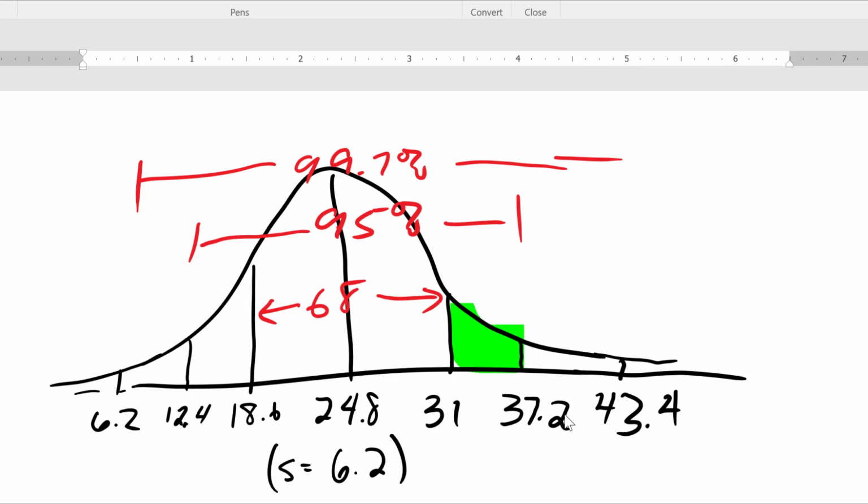That's how much I have left in both of the greens, but all I want is the green to the right, 31 to 37.2. So divide 27 by 2, you get 13.5. You could actually label each individual box 13.5, then it would just be a matter of adding up the boxes. That's what some people do. It sort of depends on how many problems you're going to be doing. I can show you how to do this in StatCrunch probably in the next lesson.